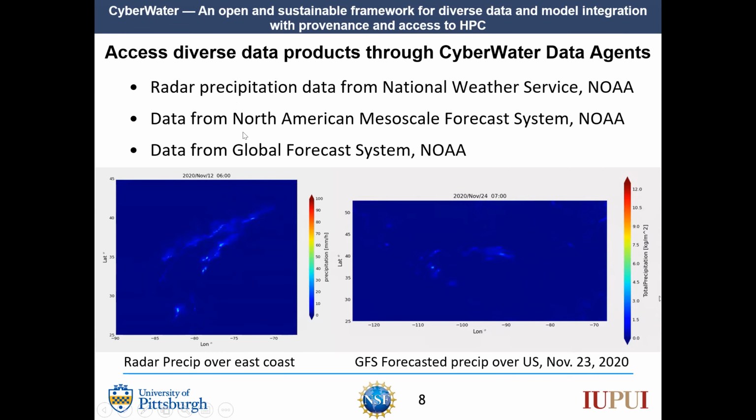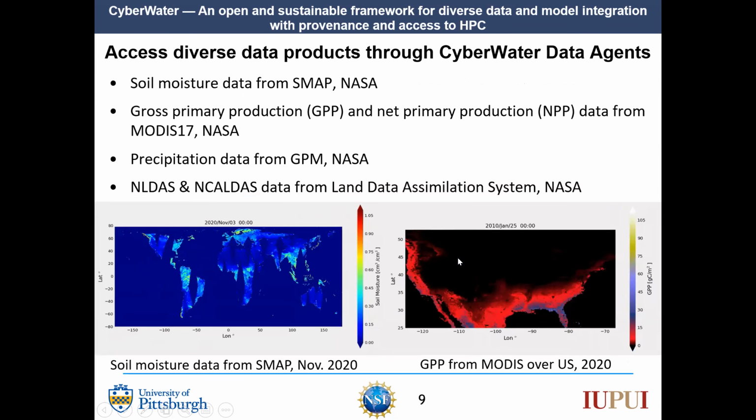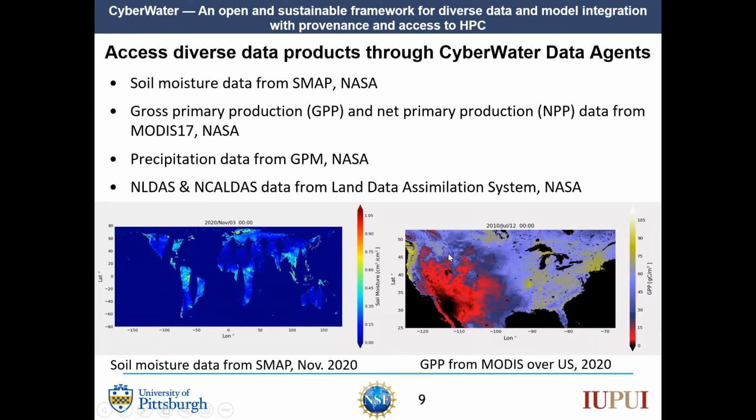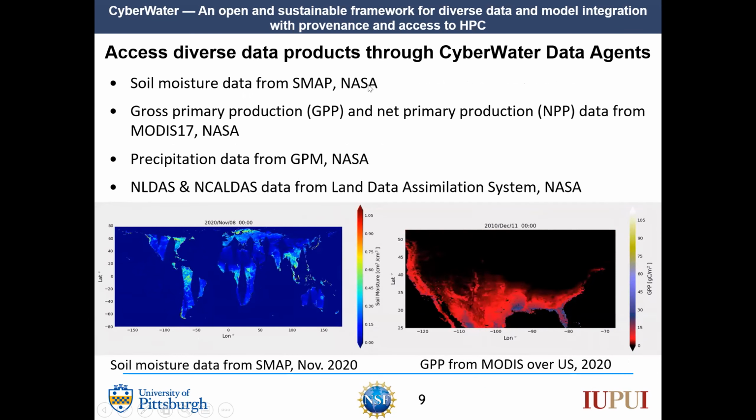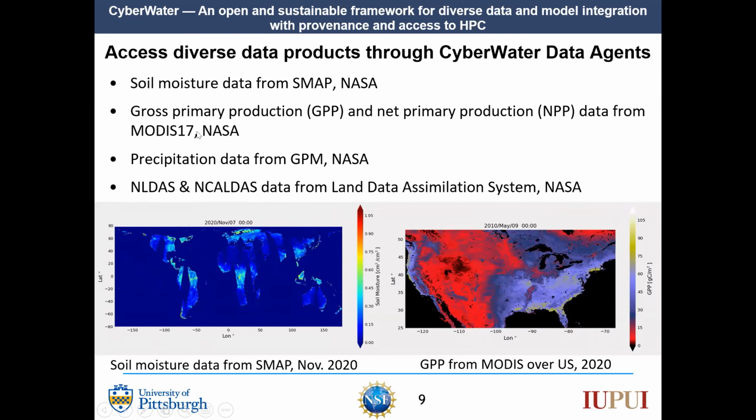We can access data from North American mesoscale forecasting system provided by NOAA. We can also access data provided by the Global Forecast System by using our GFS data agent, which is illustrated here. We can access soil moisture data provided by NASA from SMAP using our SMAP data agent.